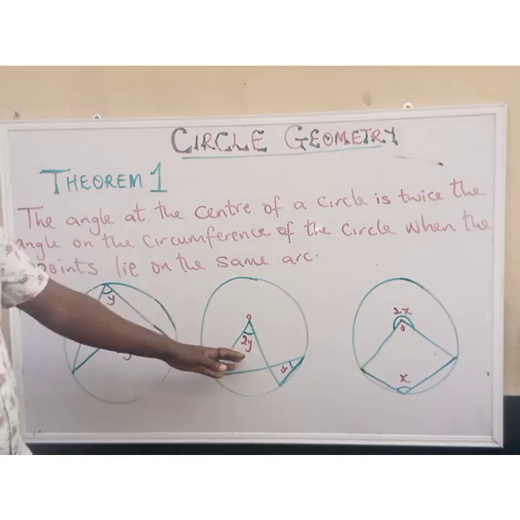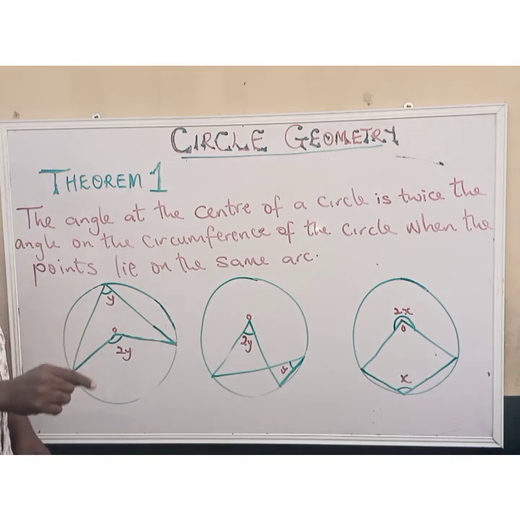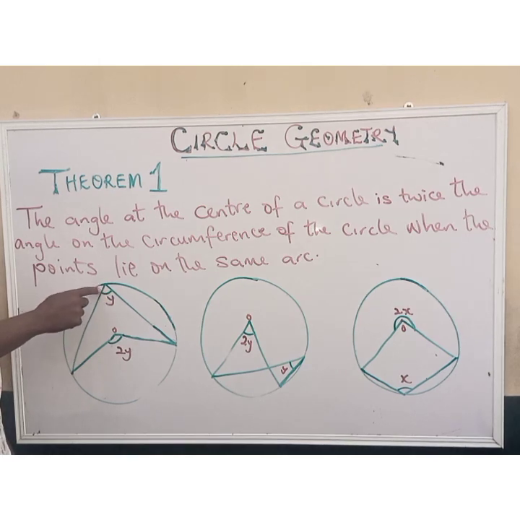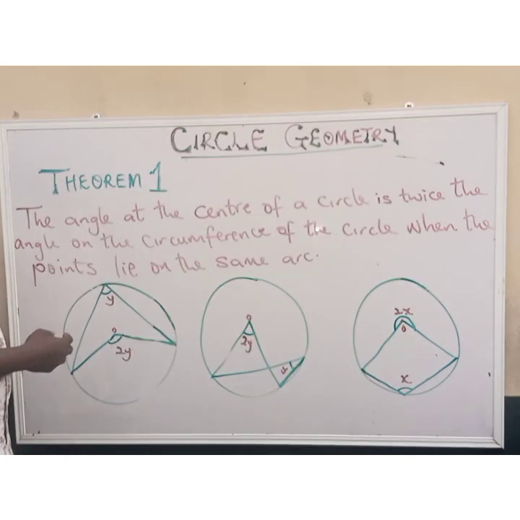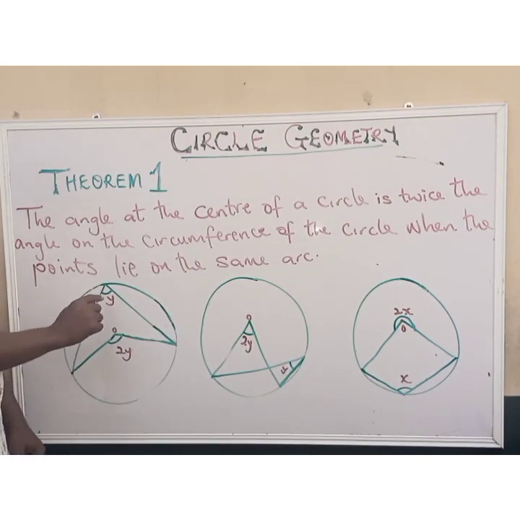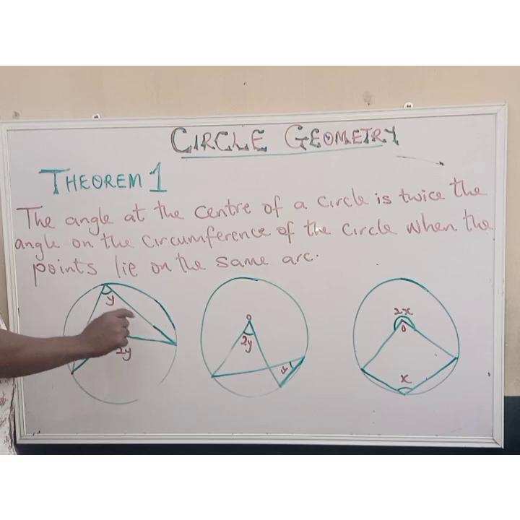So we are going to explain this now. What you have to know is that when we are talking about the angle at the circumference, the angle that touches the circumference here, the angle is not static, it is movable. The angle can move from here, it can move to this place, it can move to this place.